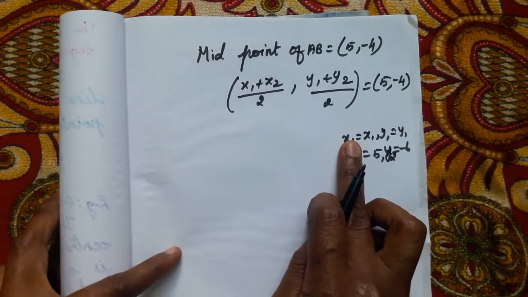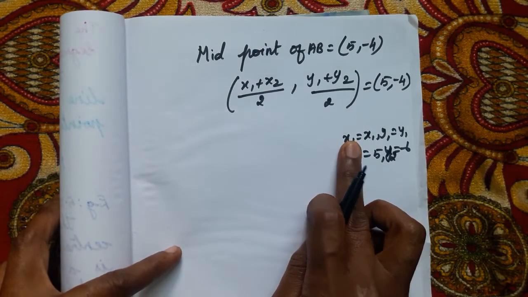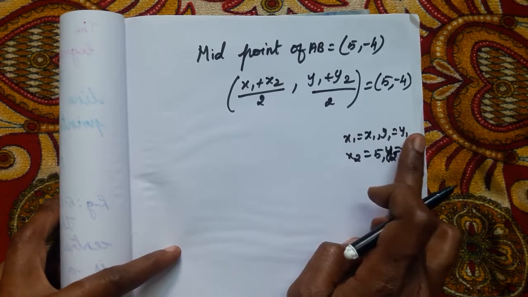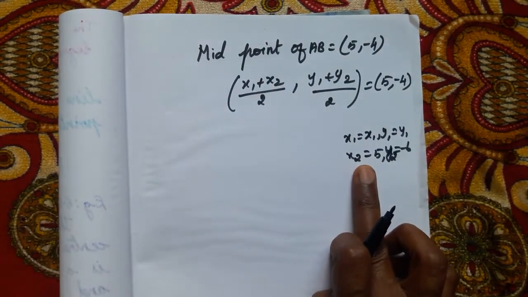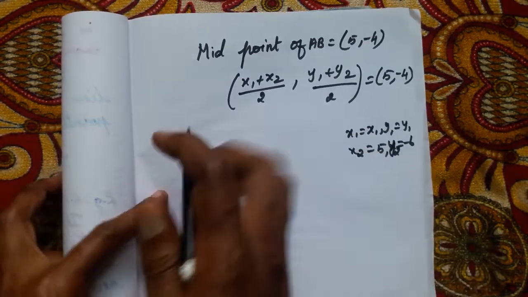A point is (x1, y1), so x1 is x1 and y1 is y1 itself. B point is (5, minus 6), so x2 is 5 and y2 is equal to minus 6.